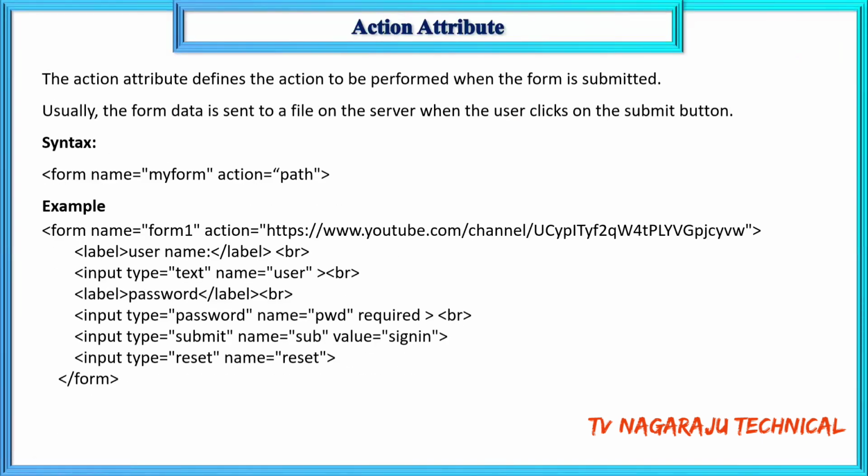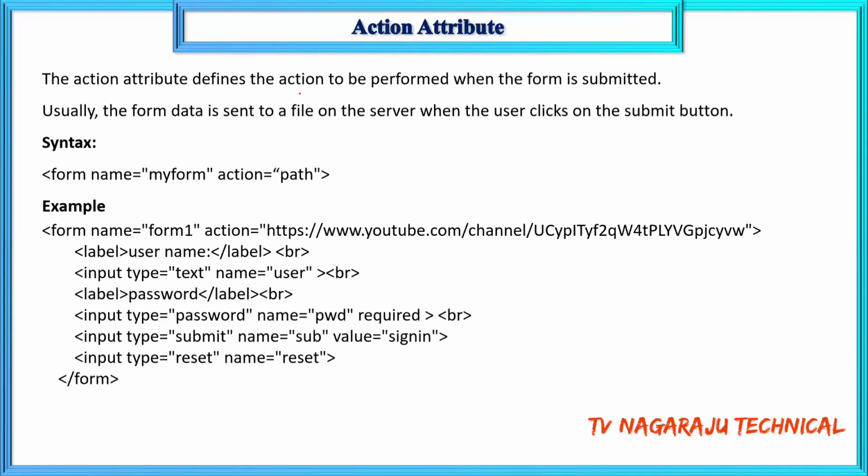Now coming to the next one, action. Where does it occur? In the form tag. In the form tag, the action attribute is there, the method attribute is there, the target attribute is there. Now coming to action, what happens?